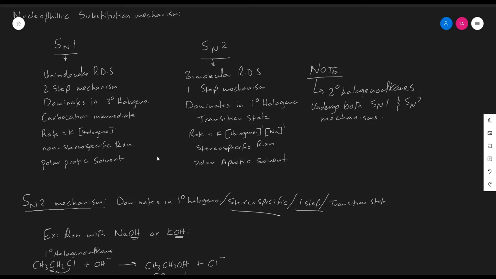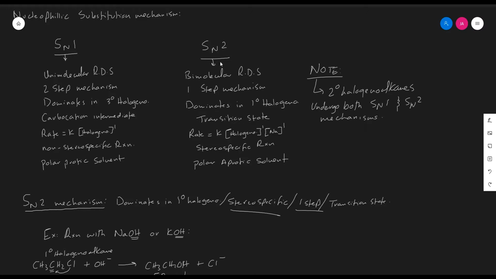The rate equations I have also stated here, which shows that this is a unimolecular rate determining step in which the halogenoalkane is reacting in the first step, and thus the overall order of the reaction would be 1.